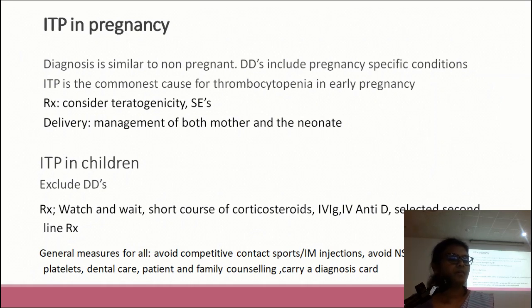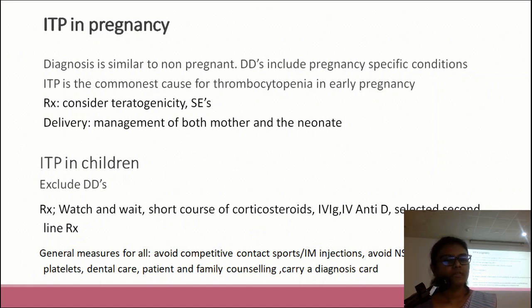So a few things on ITP in pregnancy. Diagnosis is similar to the non-pregnant state, but there are various pregnancy-specific thrombocytopenic conditions such as hypertensive conditions, HELLP syndrome, pre-eclampsia, liver pathologies, acute fatty liver in pregnancy, microangiopathic hemolytic anemias, and physiological gestational thrombocytopenia.